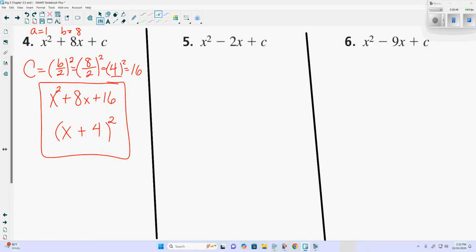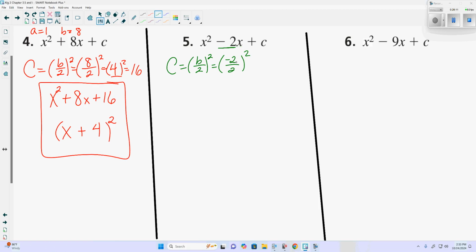X squared minus 2x plus c. C is equal to b over 2 squared. Well, our value of b in this one here is what? Negative 2.